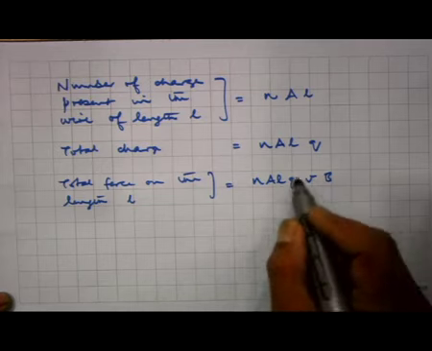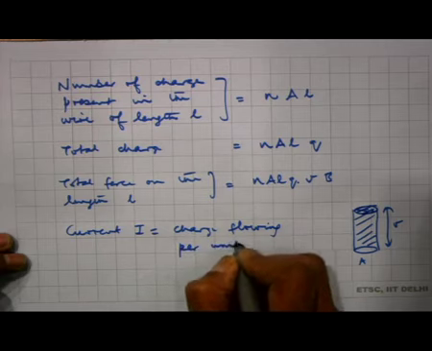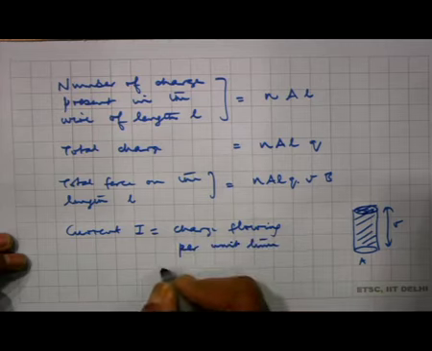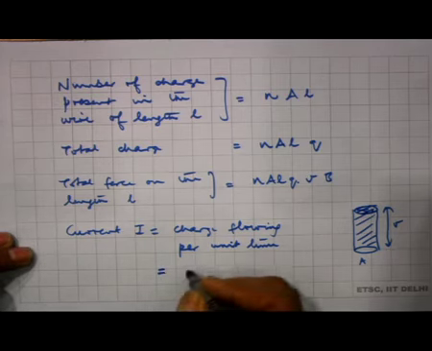So, in a unit time this surface will come to this surface. So, all the charges present within this volume would have crossed this surface in a unit time. So, the current I is equal to the charge flowing per unit time, which is equal to, so what is the volume of this?